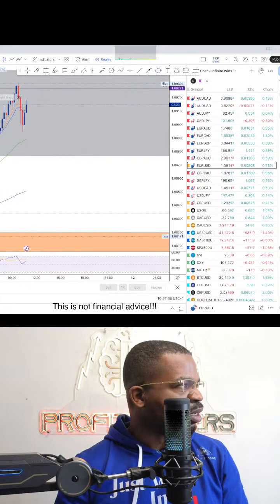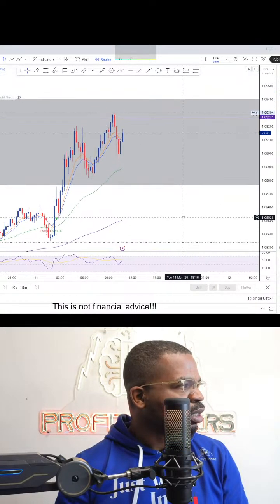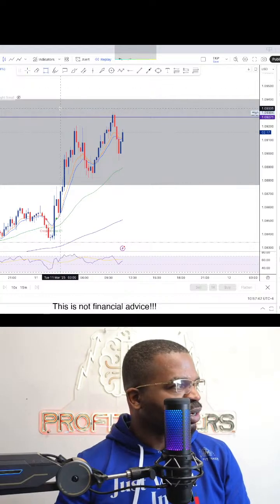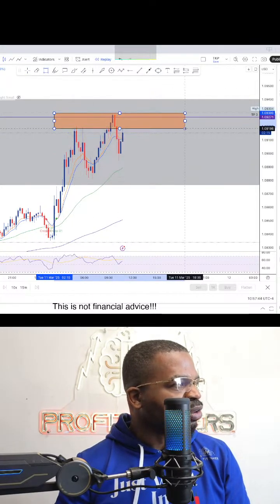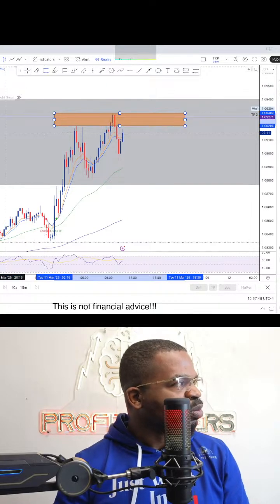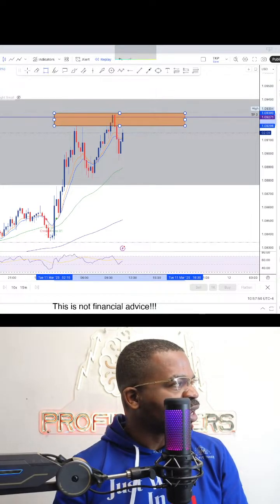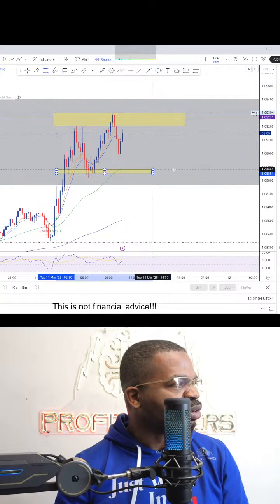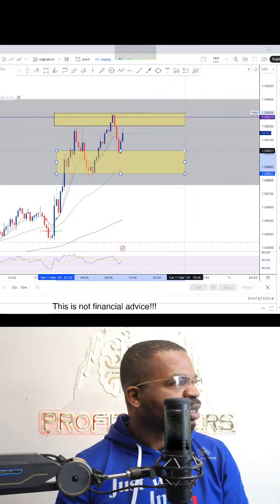Euro USD. Now, Euro USD right here in this area. Again, I was looking for a reversal. Price finally started consolidating. So let me just trap price up here. Going to do the same thing.